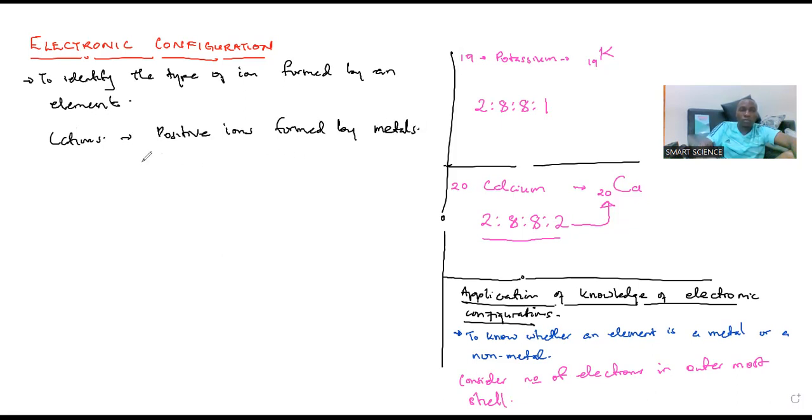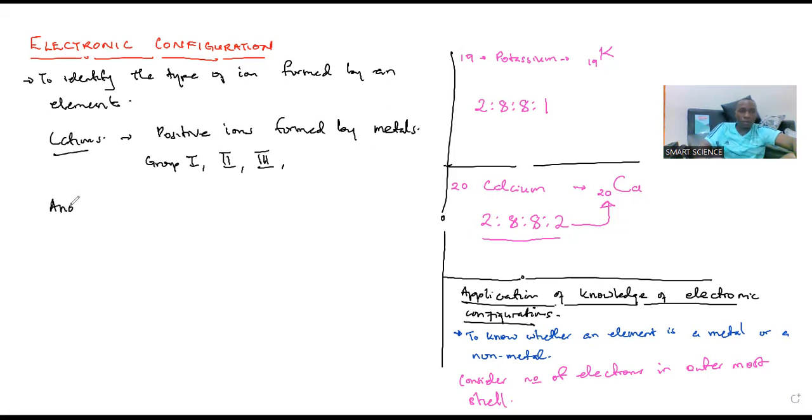So metals are going to be found in group 1, group 2, group 3, and the transition elements. But among the 20 elements, they are not part, so that's why I've not discussed them.